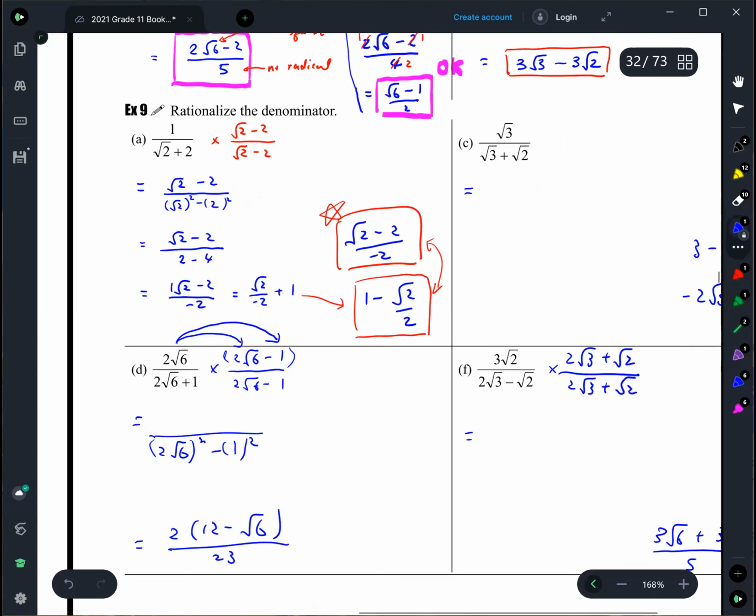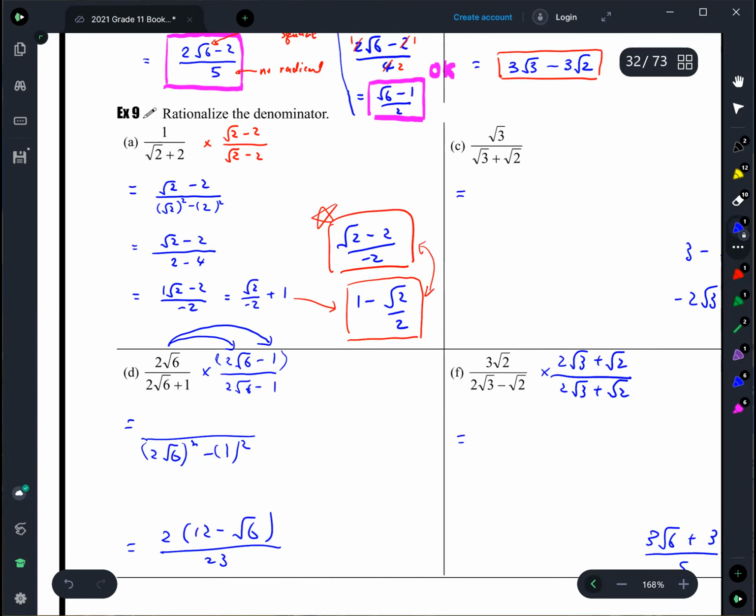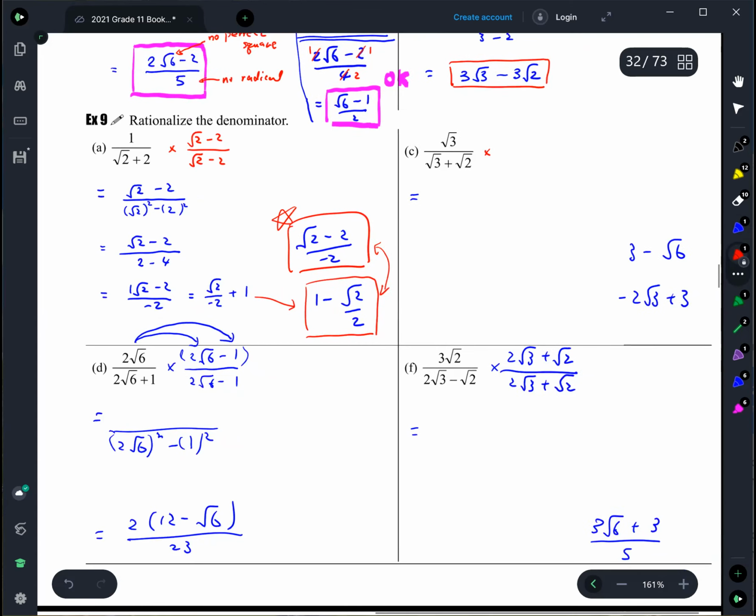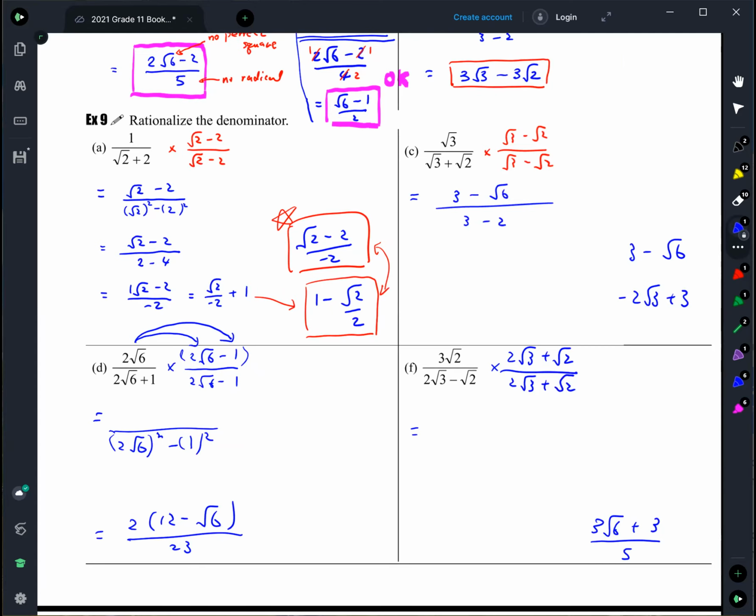And then question C, you will multiply by √3 minus √2. So the denominator is just 3 minus 2, and the top is 3 minus √6. 3 minus 2 is 1.